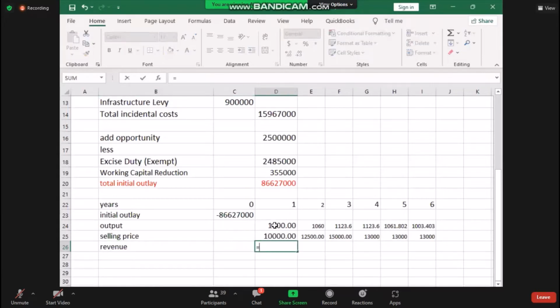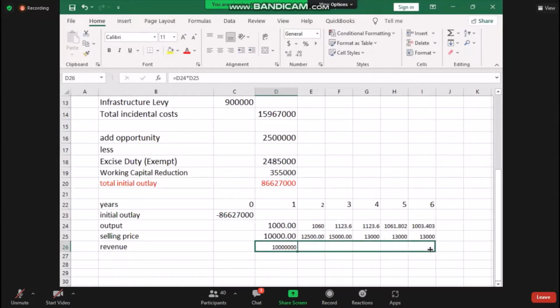Equal sign, multiply. So it's going to be that times that one there. Enter and get your revenue in year 1, autofill to get the revenue in the different years. That's year 2 to year 6.